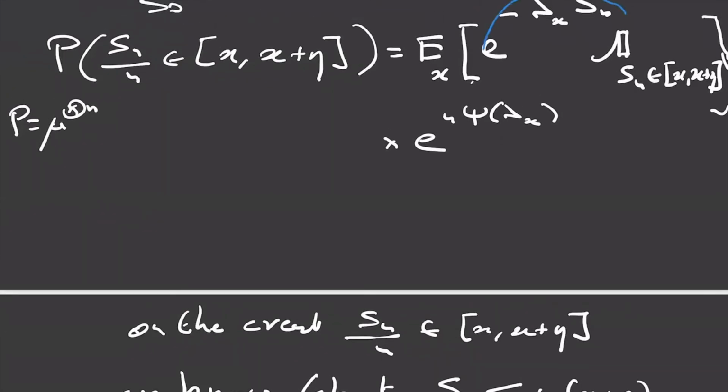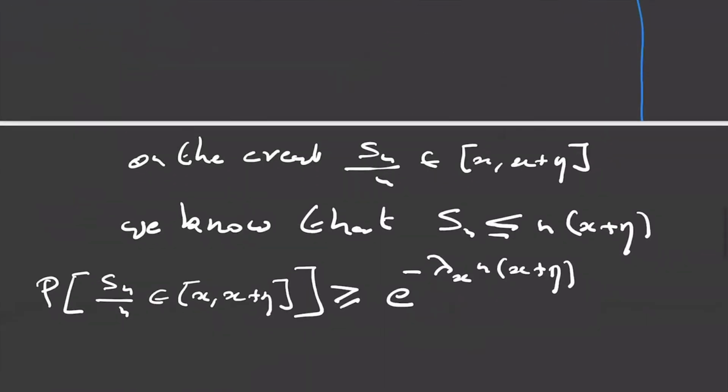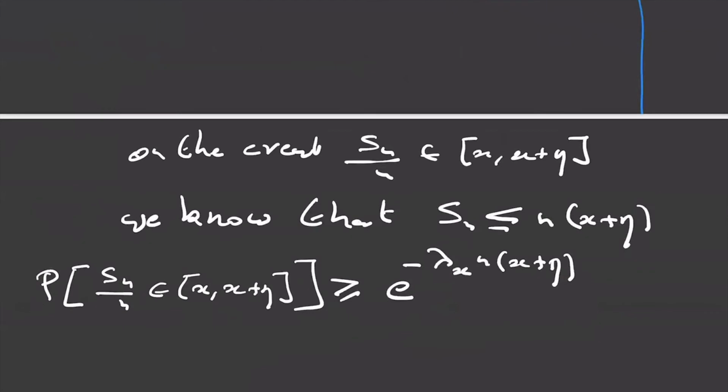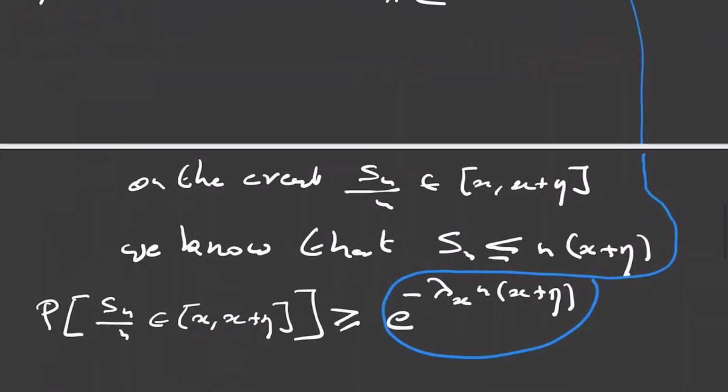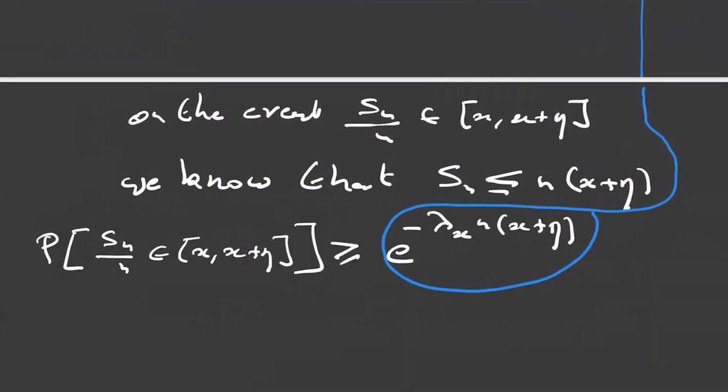Because we know that Sn on this event is smaller than n times x plus eta, and so I plug this maximal value here.